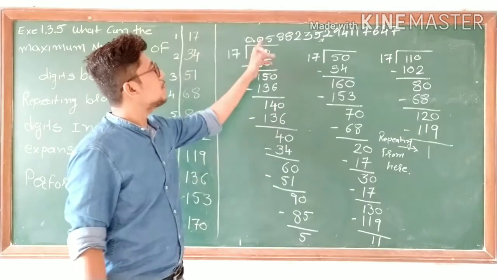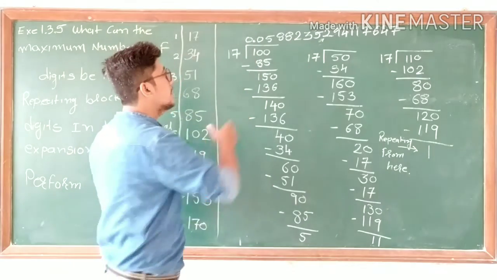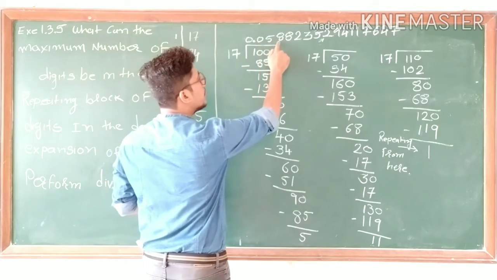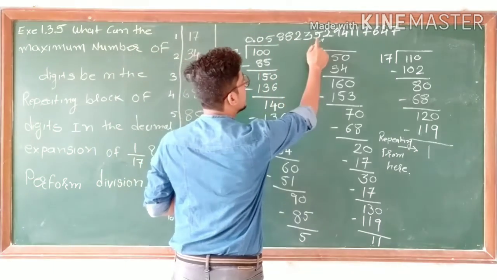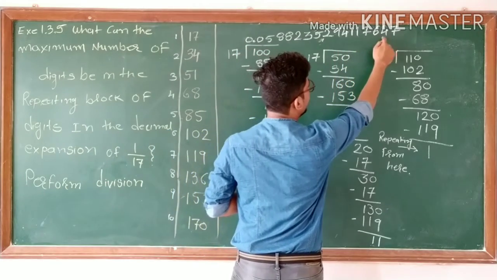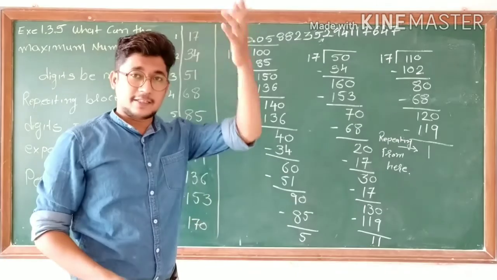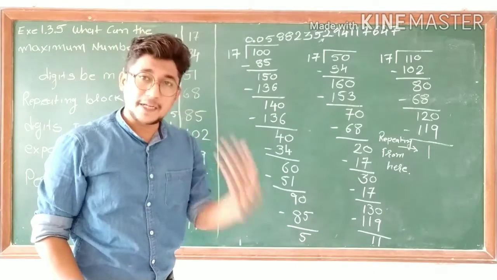And how can we write the quotient? 0.05. How many digits are repeating? Check it out. 1, 2, 3, 4, 5, 6, 7, 8, 9, 10, 11, 12, 13, 14, 15, 16. 16 digits in the quotient are repeating.